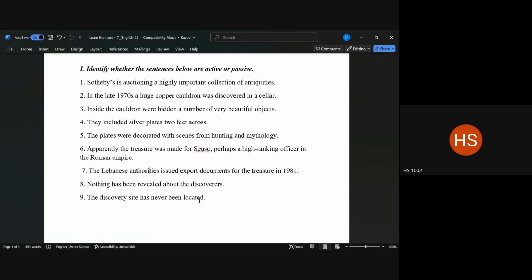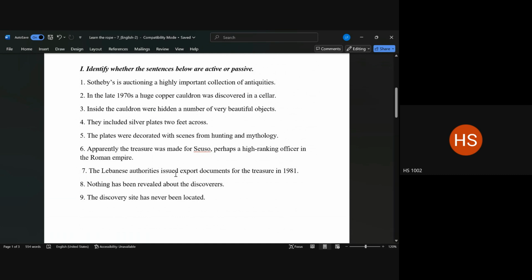We have the object for sure. Then the discoverer is the subject for the active sentence. Is it really? Yes, ma'am. So then, okay, fine. If it is a subject, then how do you form that sentence? Tell me. If discoverers is your subject, then how do you form the active form of that sentence?